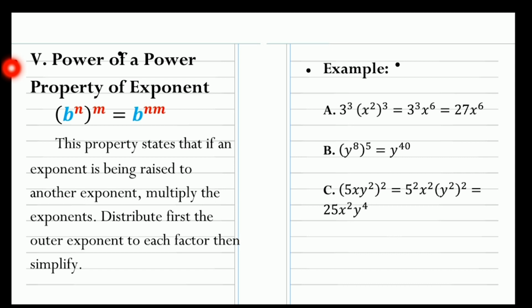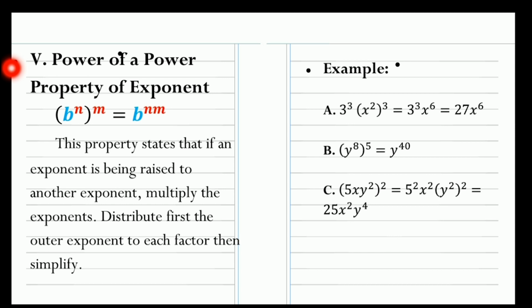Fifth, the power of a power property of exponent. The quantity b raised to n, raised to m, is equal to b raised to nm. This property states that if an exponent is being raised to another exponent, multiply the exponents. Distribute first the outer exponent to each factor, then simplify. For example, 3 times the quantity x raised to 2, all raised to 3, is equal to 3 raised to 3 times x raised to 6, which is equal to 27x raised to 6.